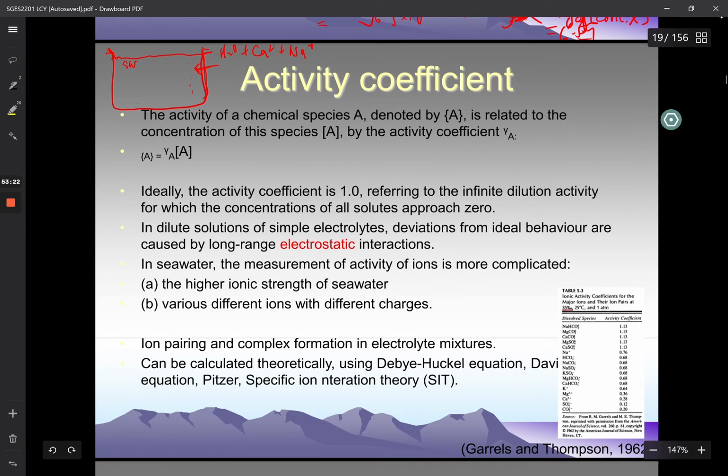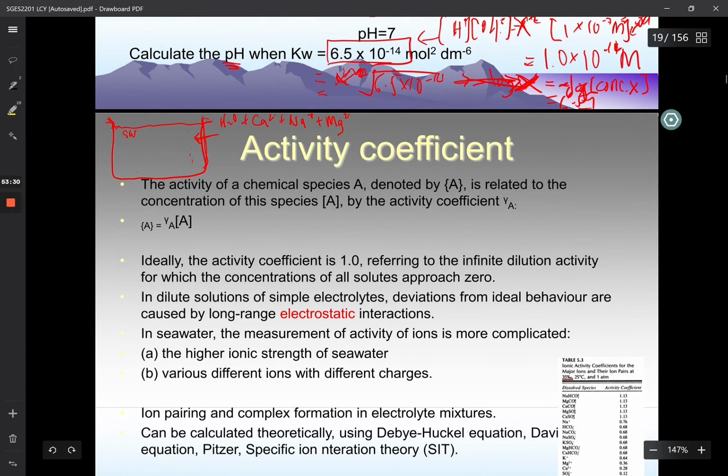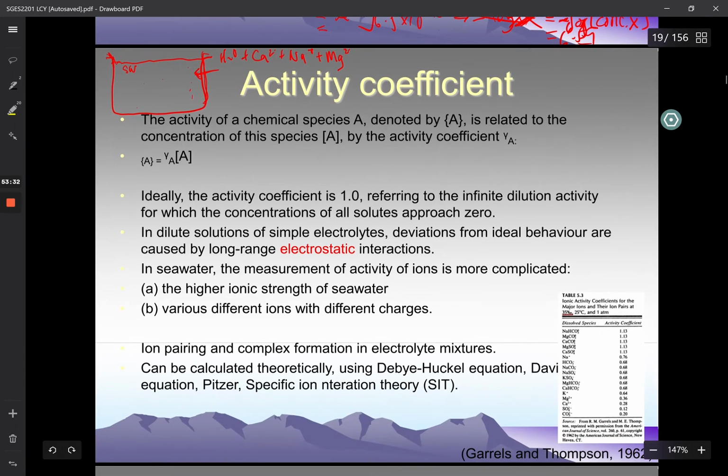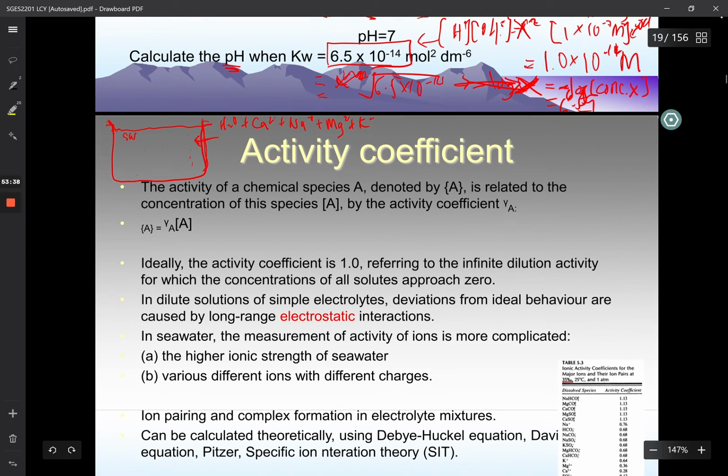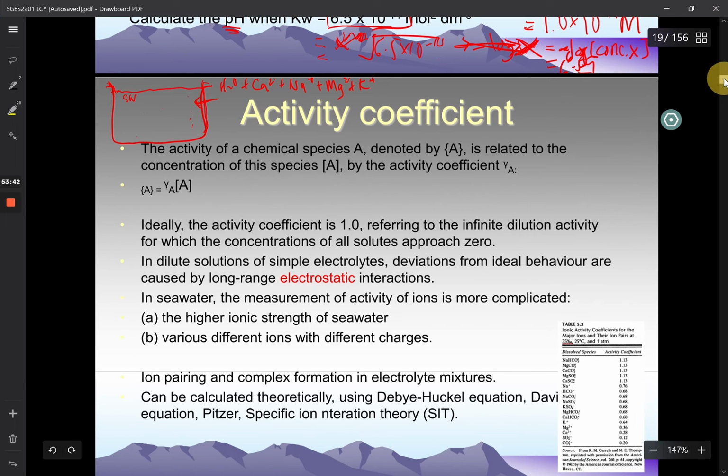So sodium, and then also you have magnesium, and then you have also potassium in seawater. Okay, these are cations. So these are the cation species.